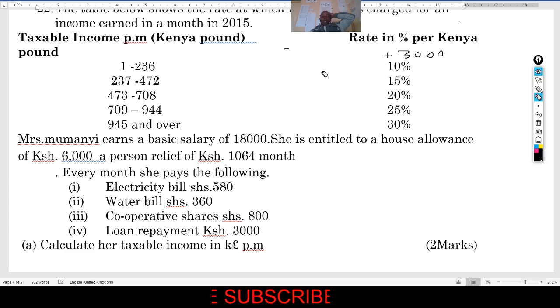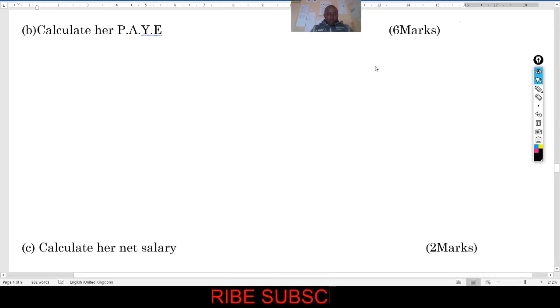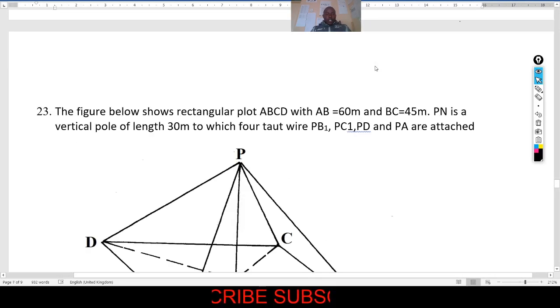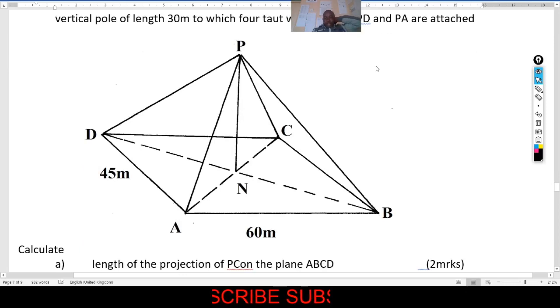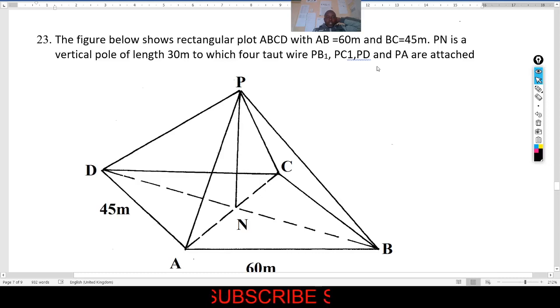The next question is on 3 dimension. Just look at this diagram correctly and you will be able to do the question on your own. That is, the figure below shows a rectangle ABCD with AB 60 meters, that is A to B, 60 meters, BC 45 meters.